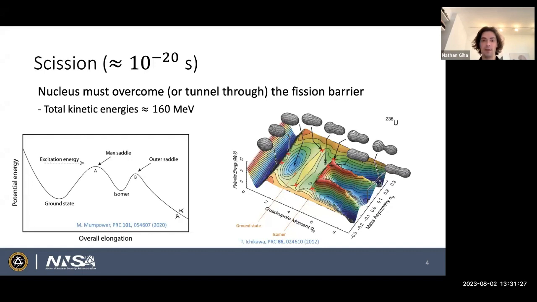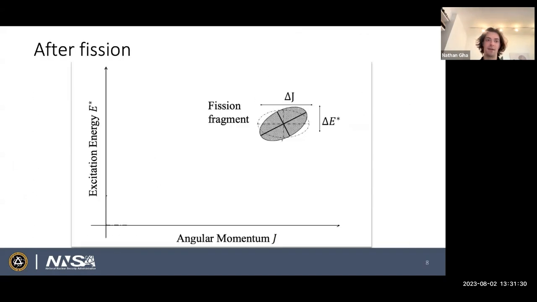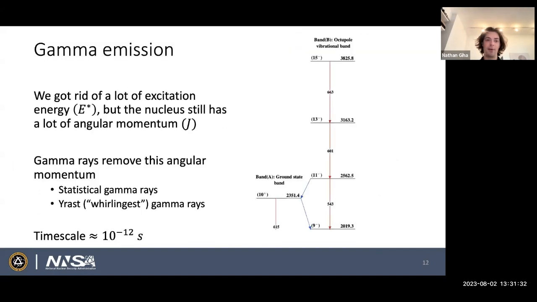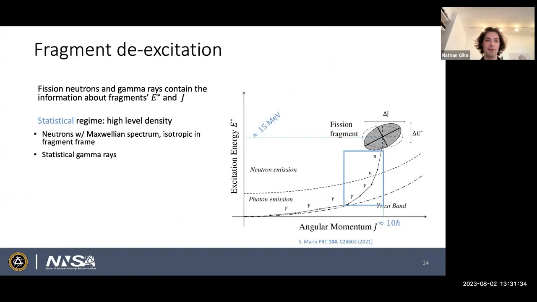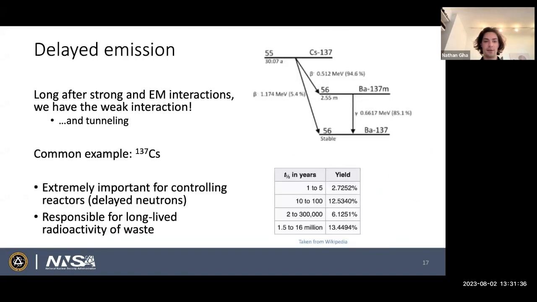So we don't want that. Yes, reactor operators use delayed neutrons and control rods to control the power output of reactors, trying to keep that reactor multiplication just around 1.